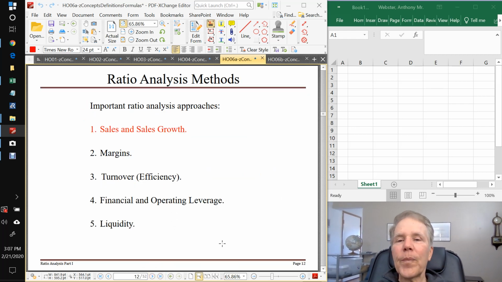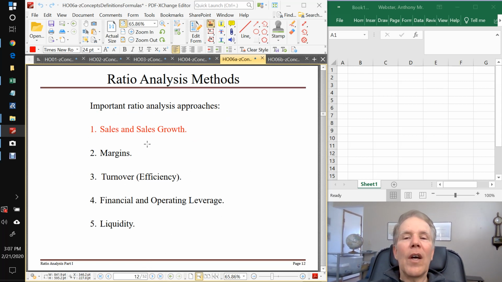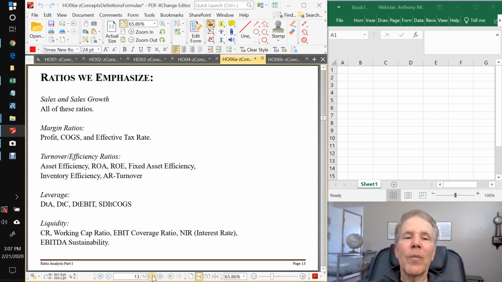All right, and then we looked at our 5 approaches to ratio analysis: sales and sales growth, margins, etc. I'll march through all of them now. Before we start on sales and sales growth, this page is in this condensed Reader's Digest version of the notes, but it's also in the long-form version I presented in class.